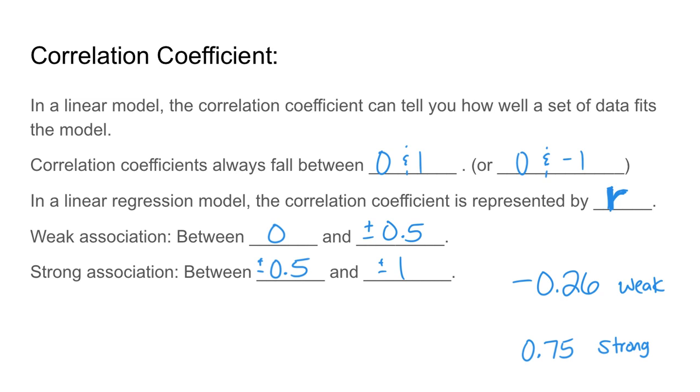Same deal if I had like negative 0.85, it would be strong because it's very close to negative 1, whereas something like 0.17 would be weak because it's very close to 0. So when we're trying to determine whether a relationship is strong or weak, that correlation coefficient will tell you one way or the other.